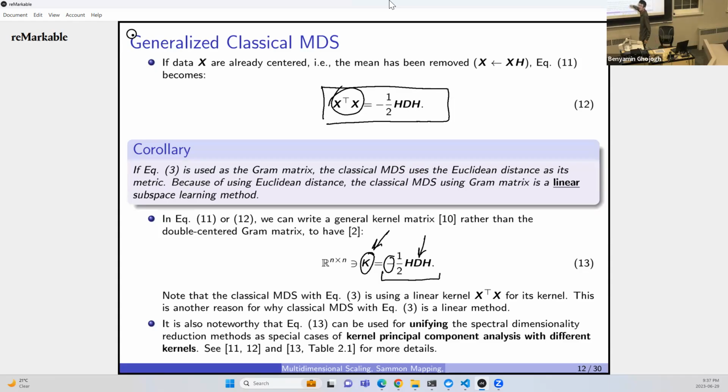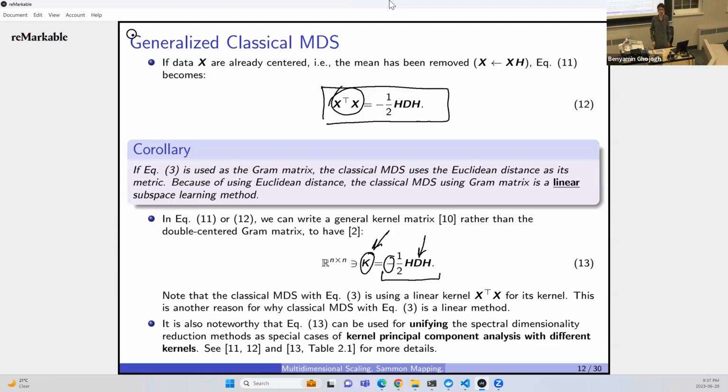Using this, do you remember I told you in this session that many spectral algorithms, dimensionality reduction algorithms, can be seen as special cases of kernel PCA with different kernels? Because of this, you can see many different algorithms whose kernels are these. The only difference between the algorithms is D, because H is the centering matrix. How do you calculate D? Here, for proof, we showed that this is the squared Euclidean distance.